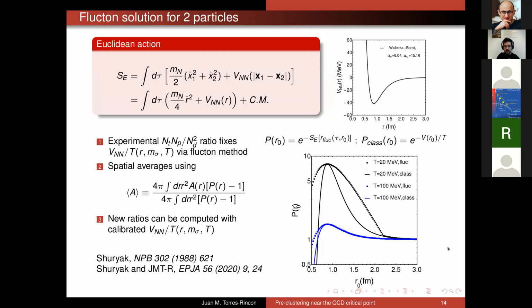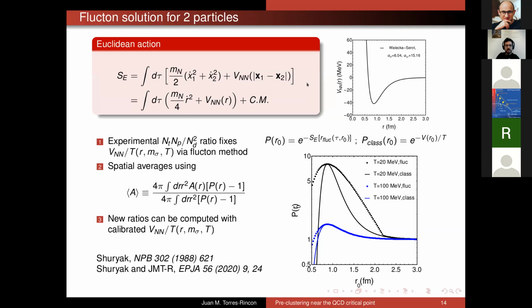And here I applied this method to finite temperatures, and also to 2, 3, and 4 particle systems, not just 1 particle in a given potential. I don't have time to explain much, but I have a couple of minutes.